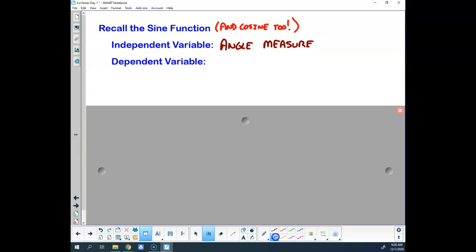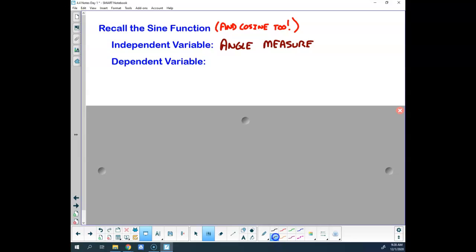So far, we've been working with the unit circle. And we've been saying, the sine of pi over 6 is 1/2. So the input, the independent variable, was the angle, pi over 6.